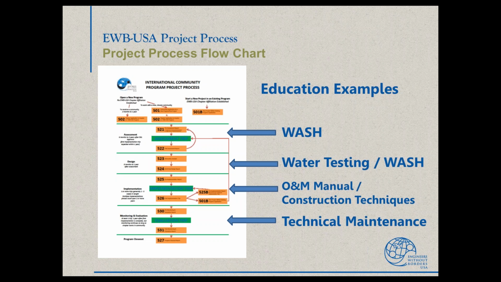Obviously, we'll get into that a little bit more later. But this is also a great opportunity to train community members on construction techniques. And then during the monitoring and evaluation trip, you really want to focus on maintenance and operation and reinforcing all of the other educational activities that you've done throughout that project.